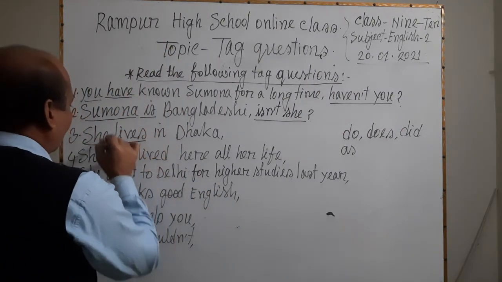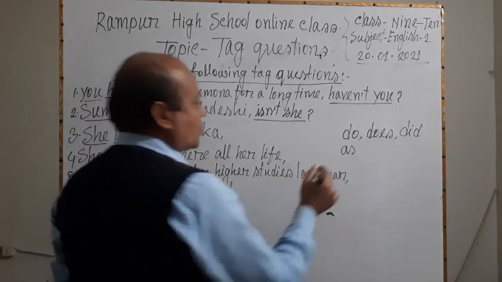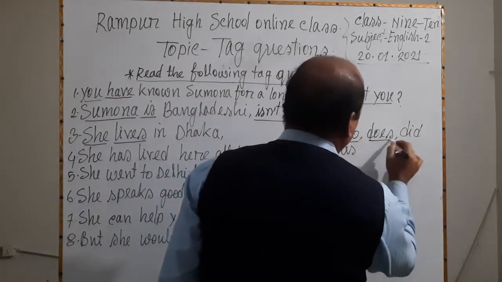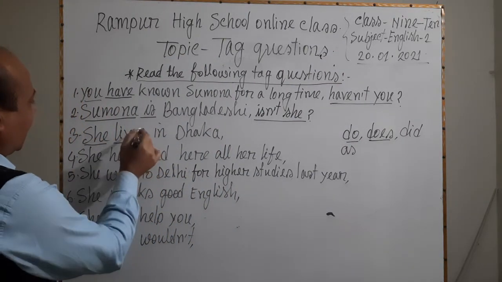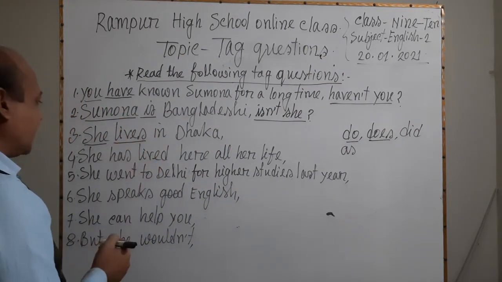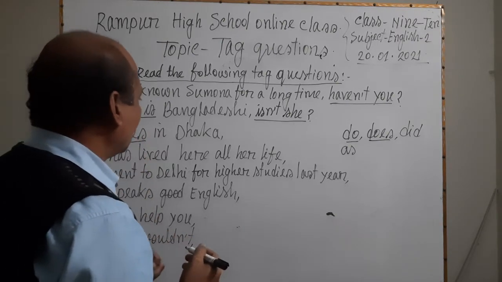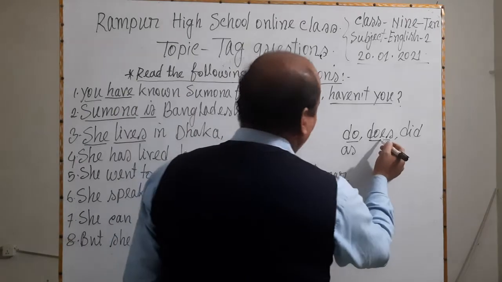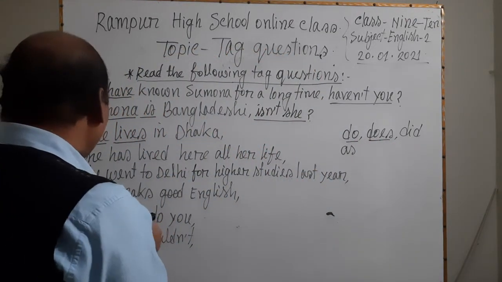If the verb is a present form, we will use do or does, and if the principal verb is with s or es, we must use does in the tag question.